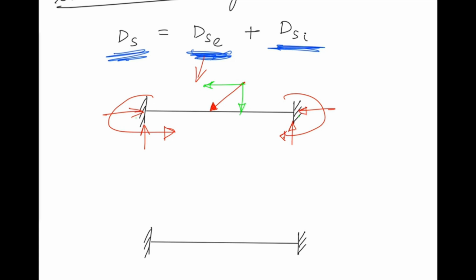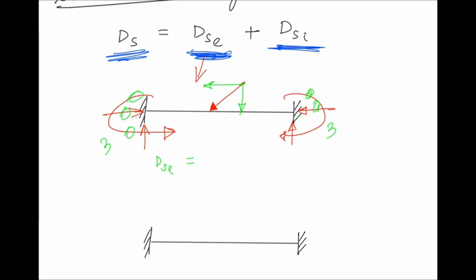For this specific structure, if you go to find the degree of external static indeterminacy, DSE will be equal to the total number of unknowns. So we have one, two, three here and three here.